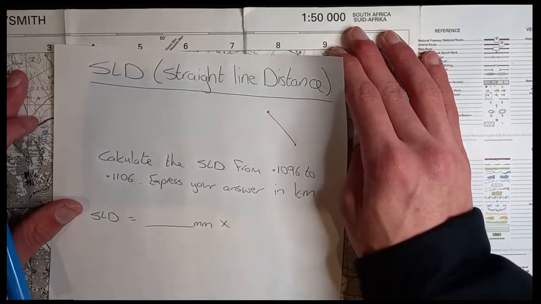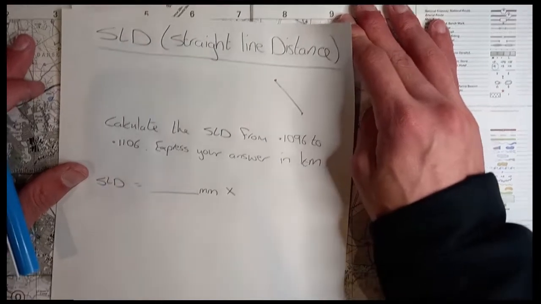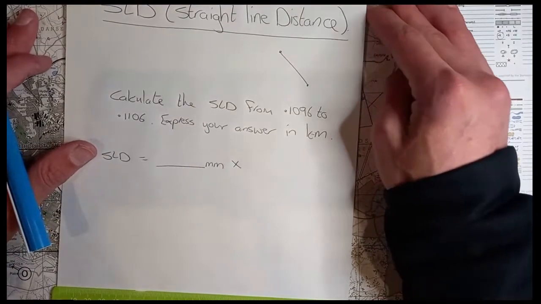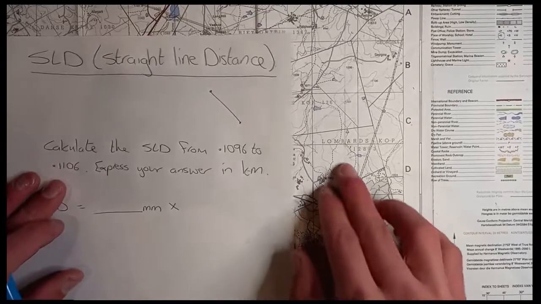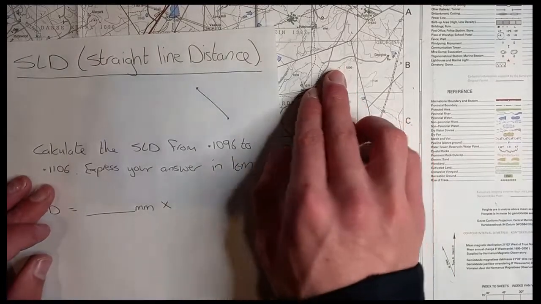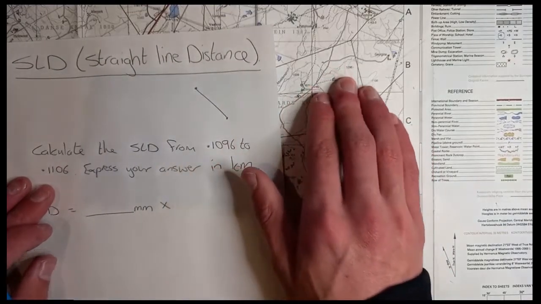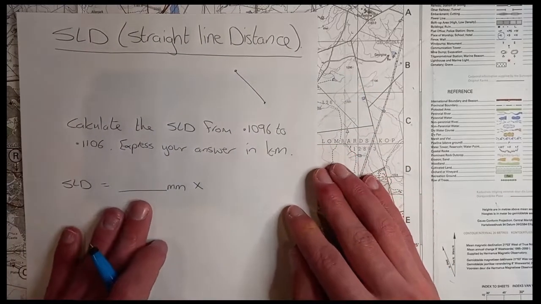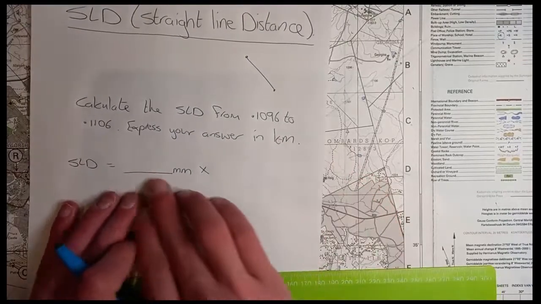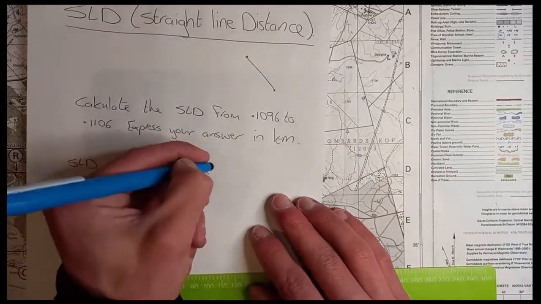Let me just slide it back. So with our scale being 1 to 50,000, we are going to work over here with spot height 1096 and spot height 1106.